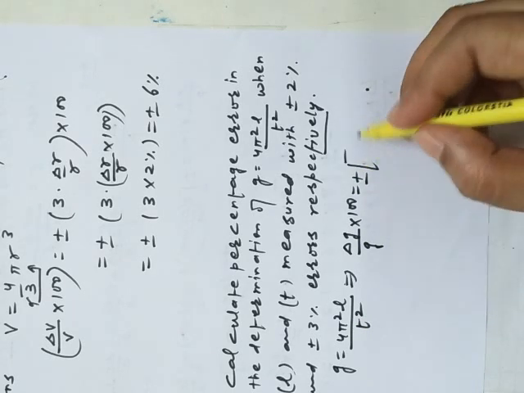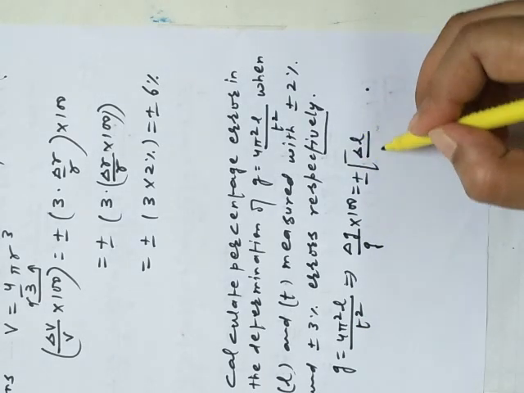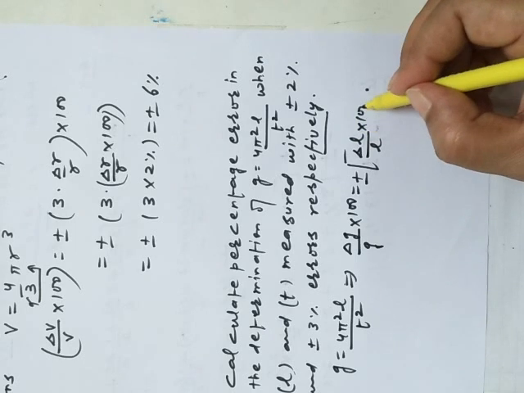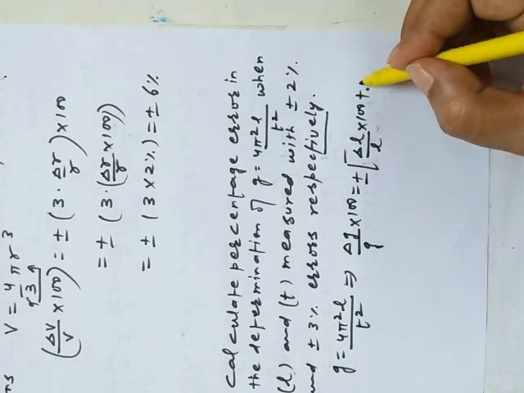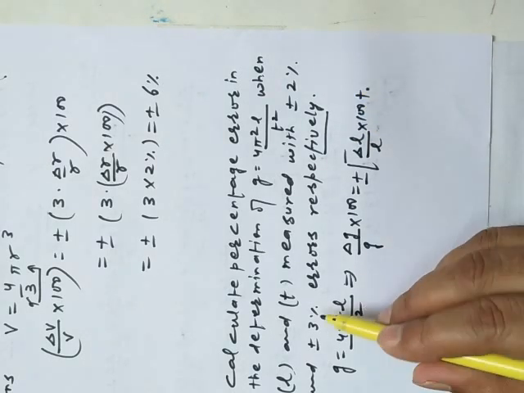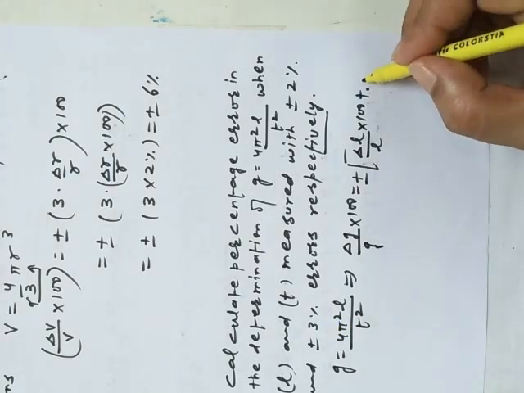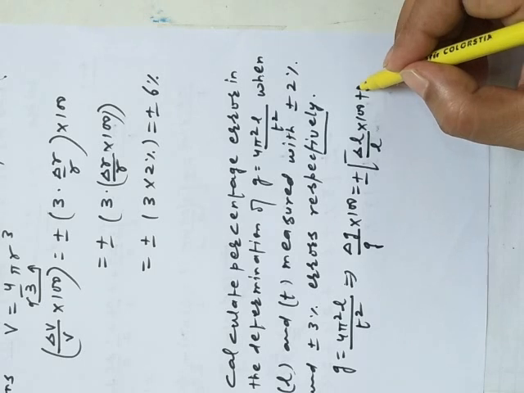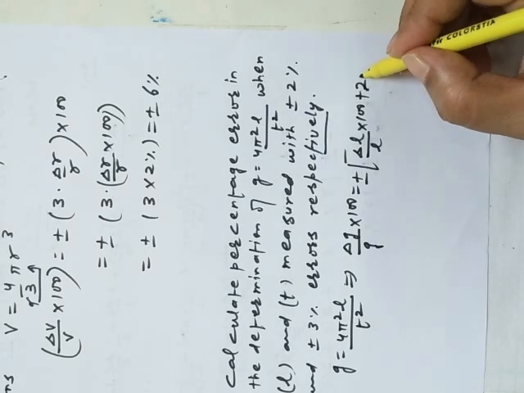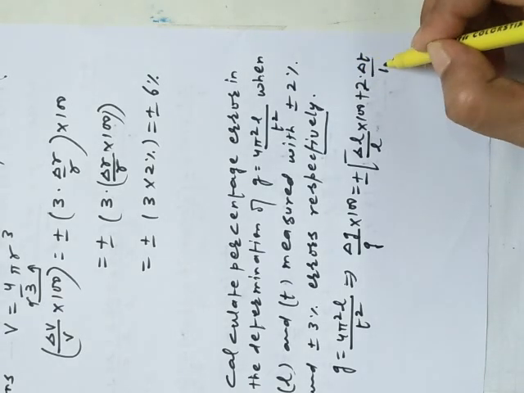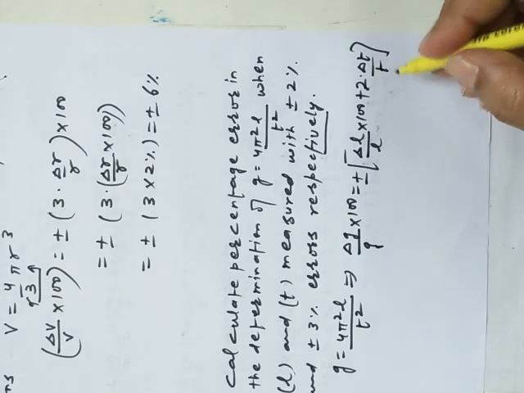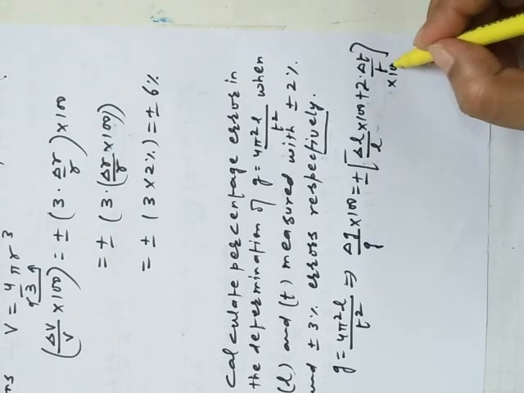Plus minus L with delta L upon L multiplied by 100, plus we take T square, with the power minus 2, which doesn't create any impact, and always we use the plus symbol, so we multiply the power with delta T upon T, multiplied by 100.